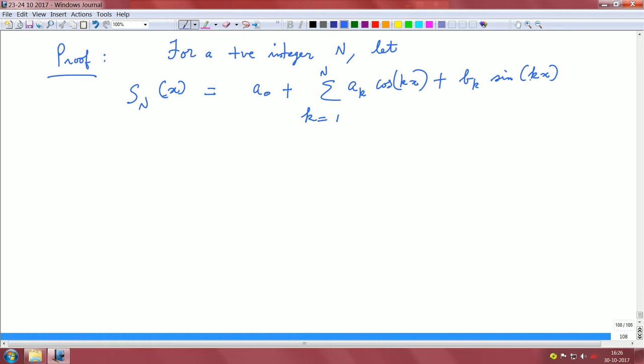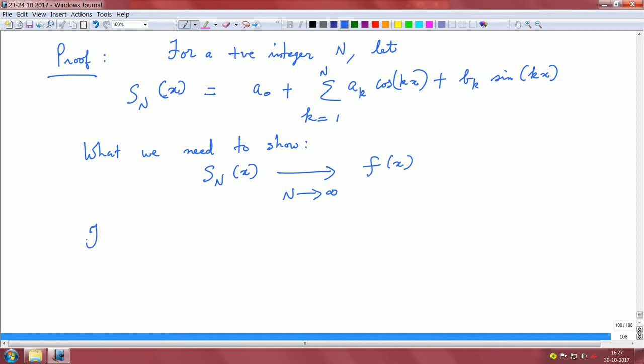We saw this summation. Now, what we need to show is very important. We have to precisely put it in mathematical terms. Sn of x heads to f of x as n goes to infinity. This is what we need to show.